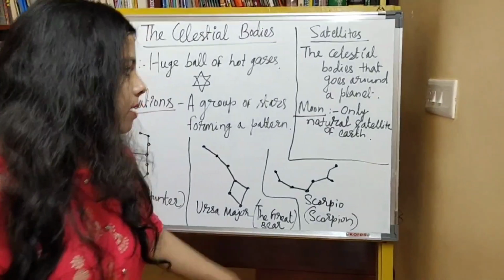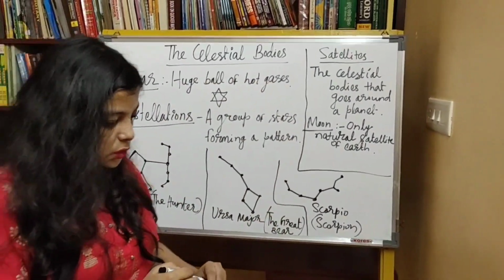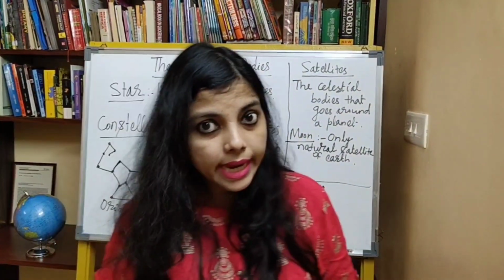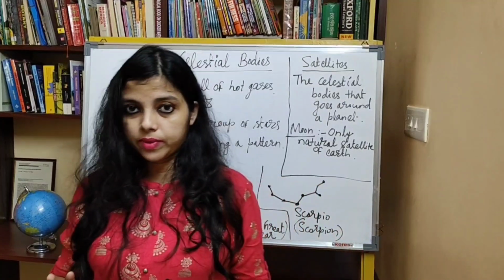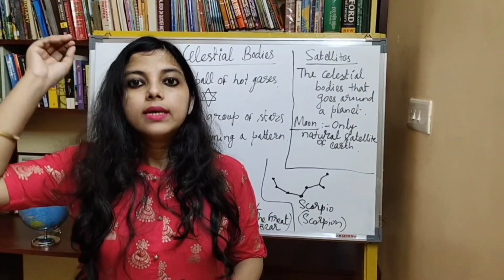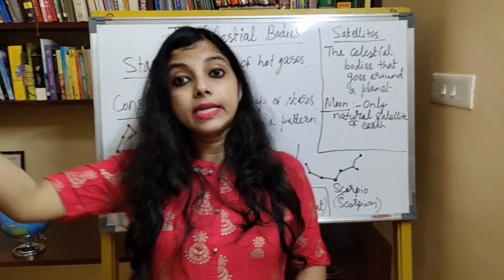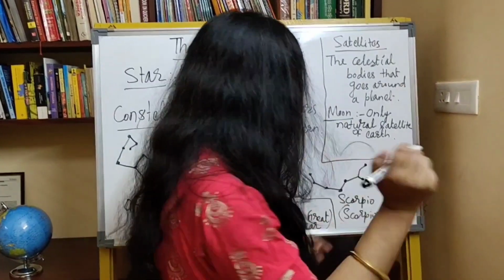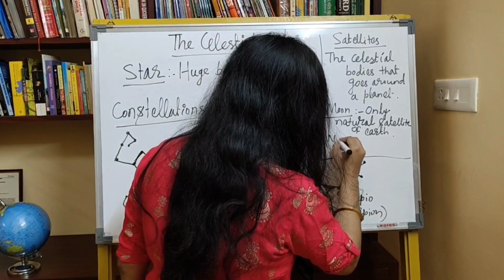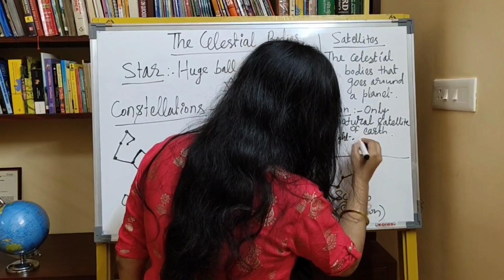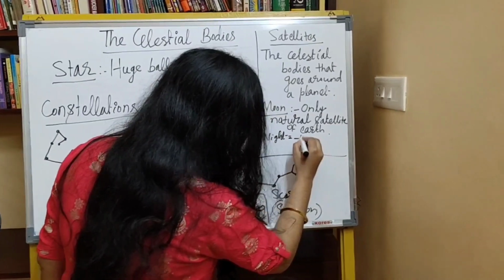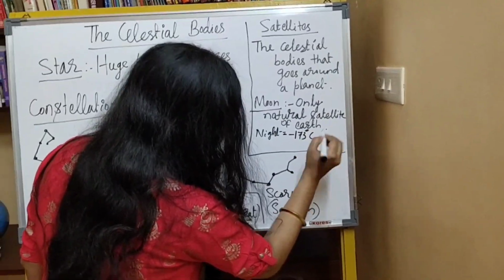Now, the Moon actually lacks an atmosphere. Do you know that? It doesn't have an atmosphere. And the temperature reaches extremes. In the night, it can reach up to minus 173 degrees Celsius.